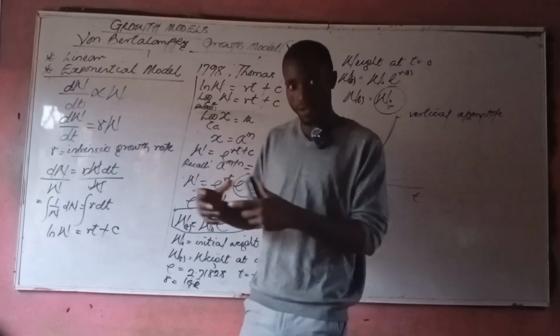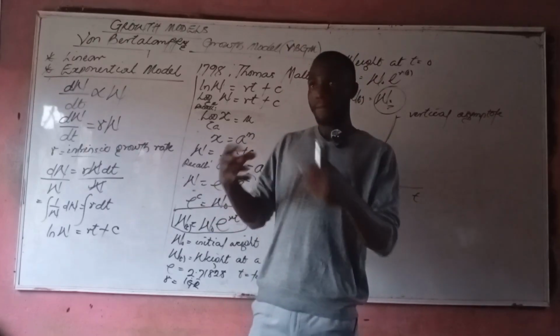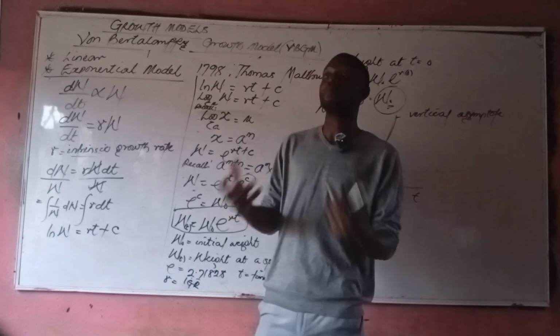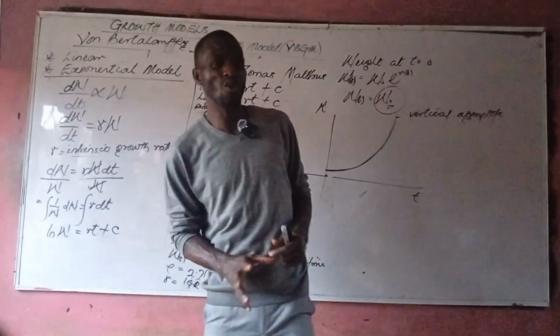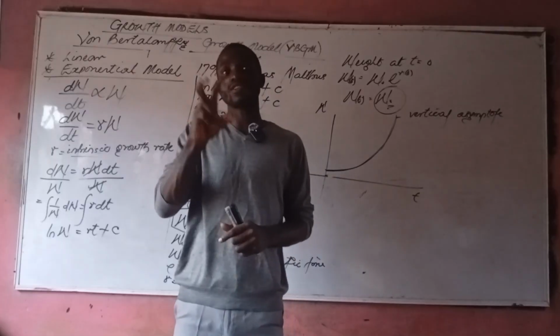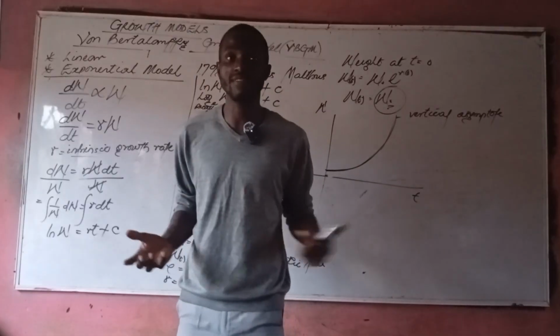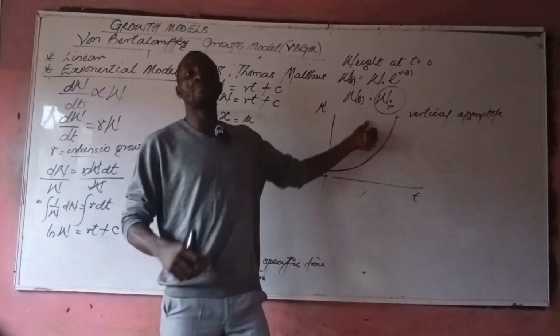If you multiply the conditions that could make them grow, they are going to grow faster. Do you understand? So it means that they don't necessarily permanently stop growing, only that the rate of their growth may slow down at a given time. So that is one of the limitations of this model.